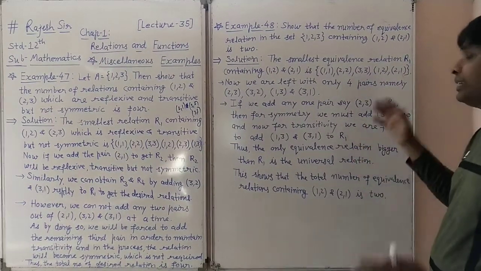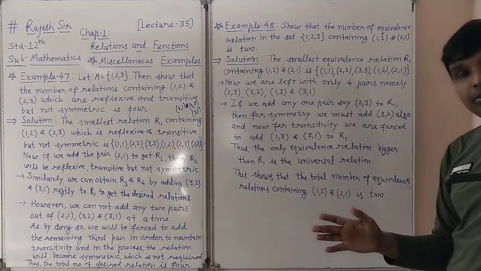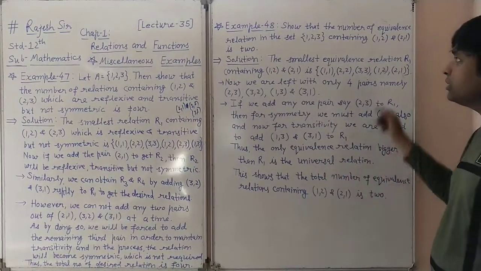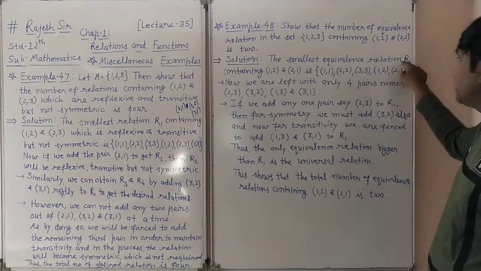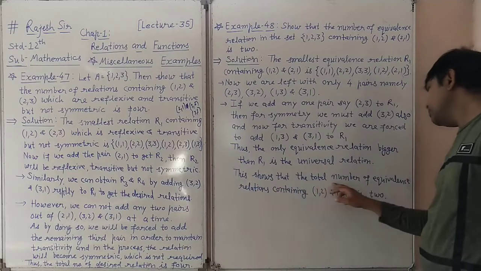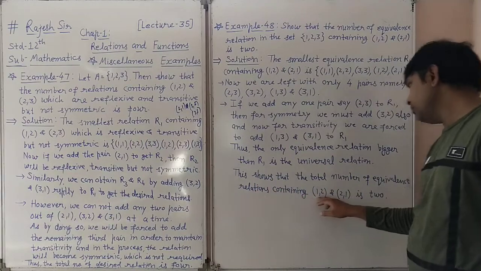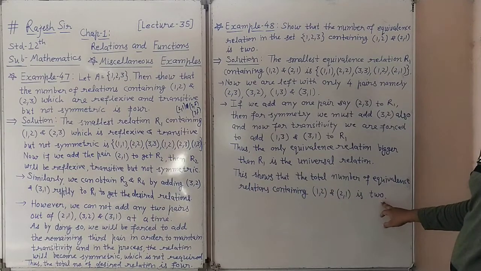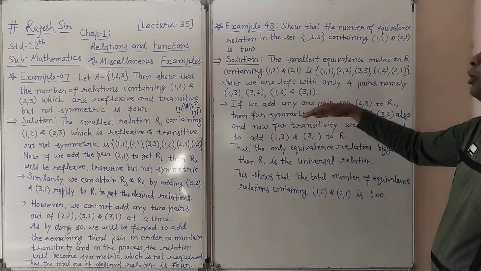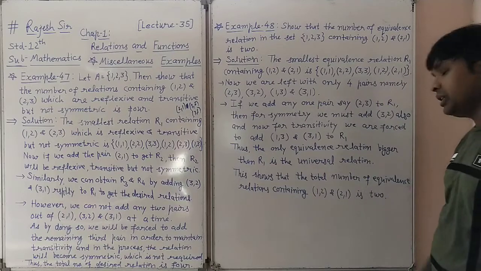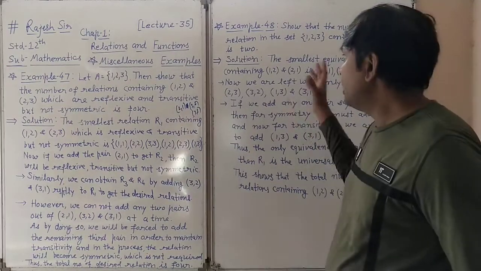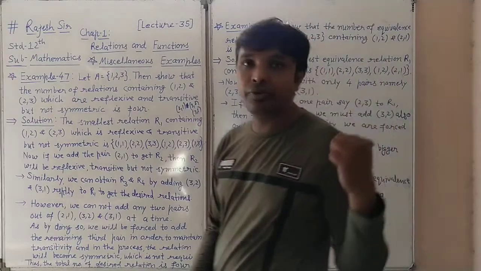And if you take in the relation all the possible pairs, it is called the universal relation. So one is R1, the other one is the universal relation. This shows that the total number of equivalence relations containing 1 2 and 2 1 is 2. In this way, only 2 relations we can have with this condition.